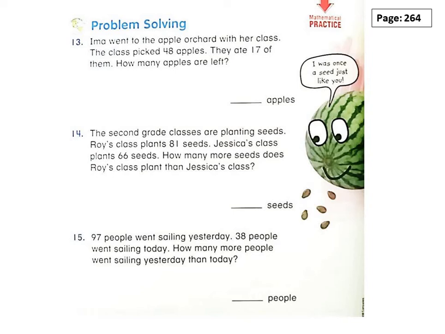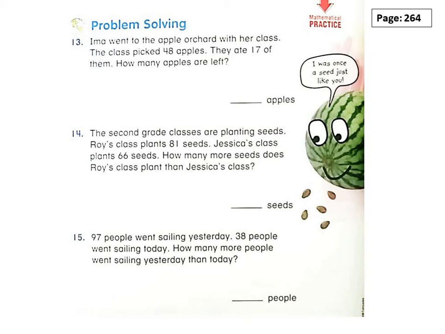Interesting. Let's see question number 13. Emma went to the apple orchard with her class. The class picked 48 apples. They ate 17 of them. How many apples are left? What do you think, grade 2? How can we solve this problem?